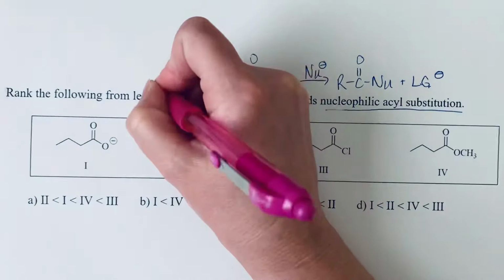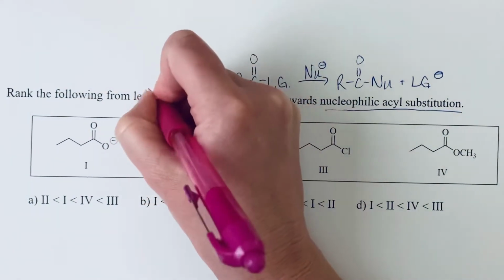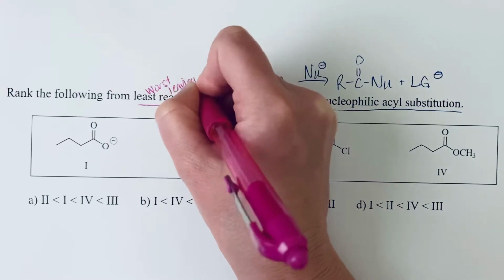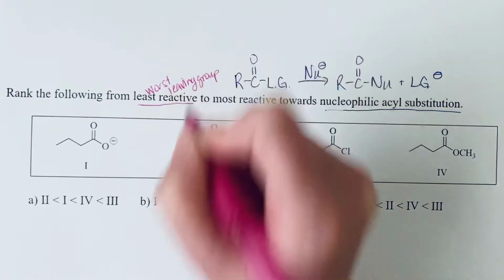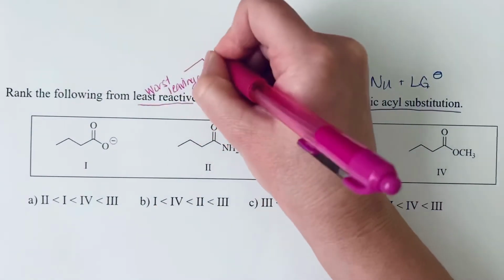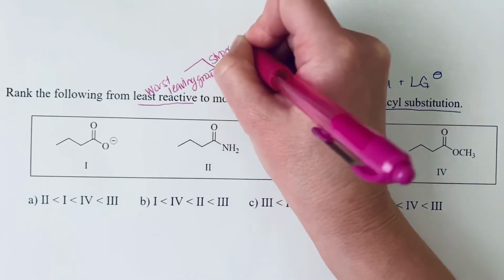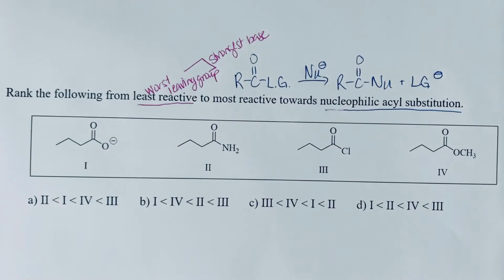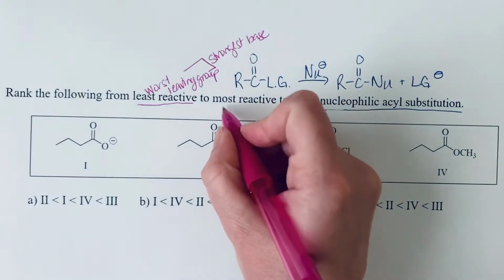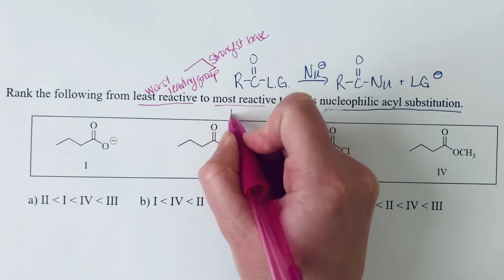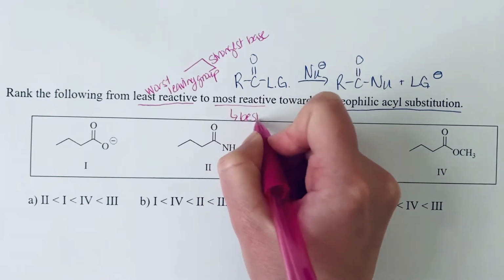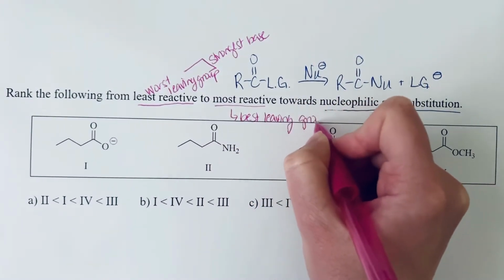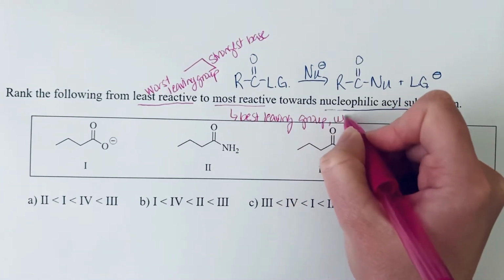So the least reactive would have the worst leaving group. And so that means it would be the strongest base when it leaves, because good leaving groups are weakly basic or neutral. So your most reactive would have the best leaving group, or the weakest base.